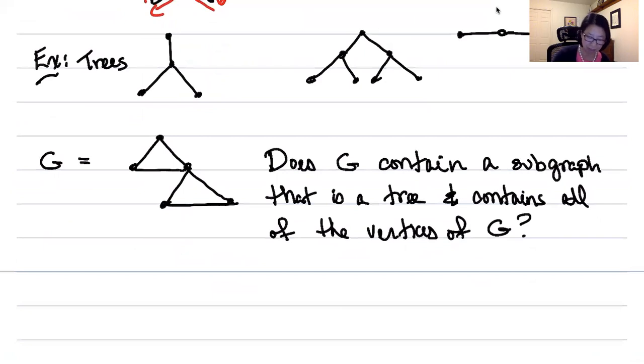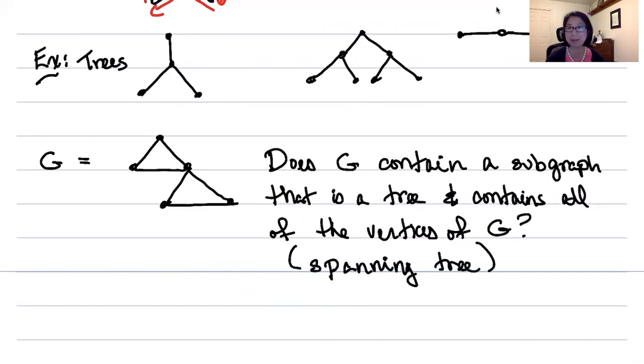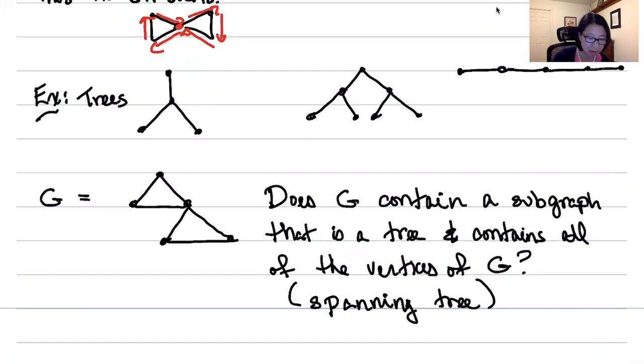We call such a thing a spanning tree. So we're going to spend all of next week learning about trees. Here, this is just an example. Because it's a tree, I'm going to draw it in green. So here's one tree that's contained in G that uses all the vertices. I'm going to take that edge, this edge, this edge, and this edge.